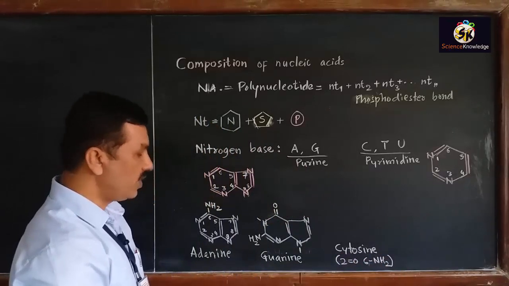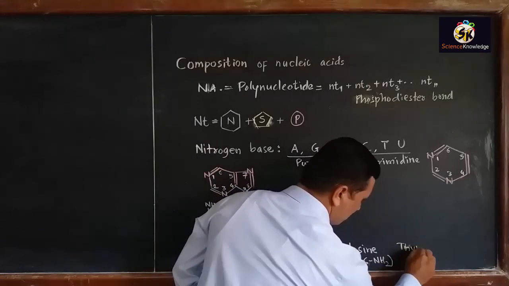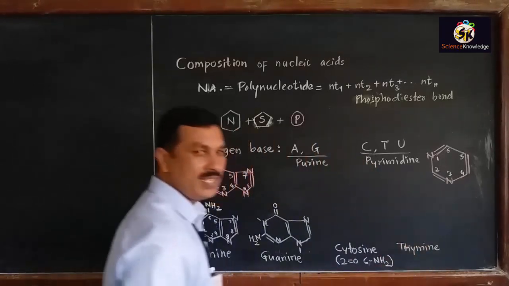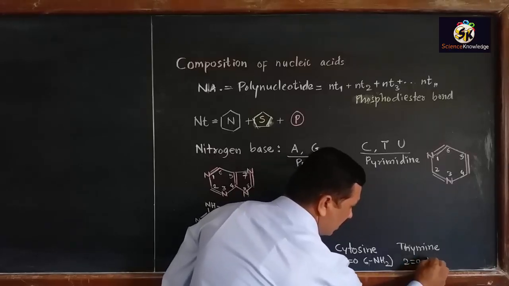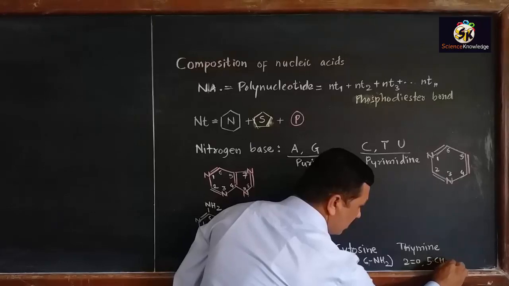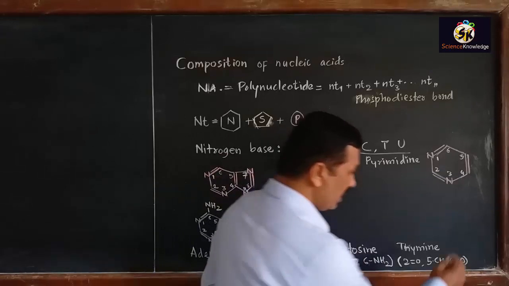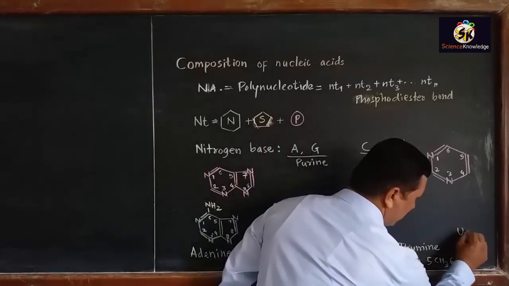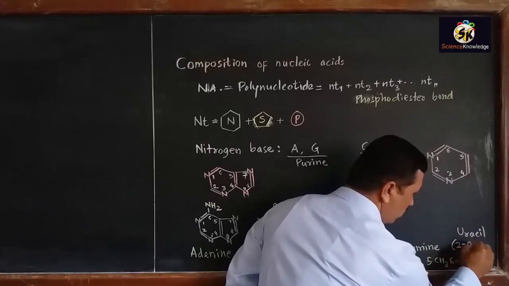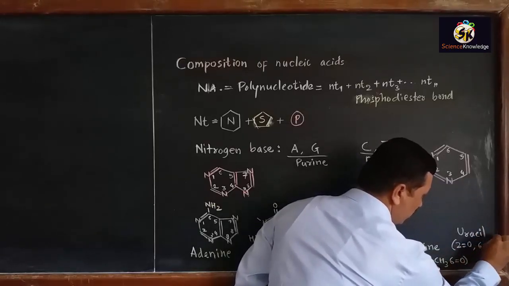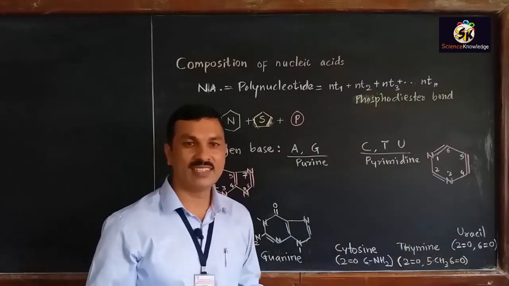Then for thymine, the additional groups are 2 double bond O, 5 CH3 and 6 double bond O. And for uracil, I will write down here, it has 2 double bond O and 6 double bond O. Now you can draw the structure of all the pyrimidines.